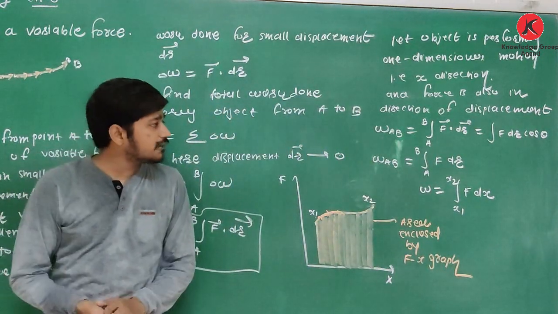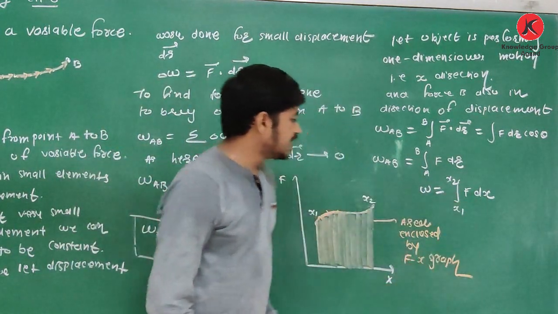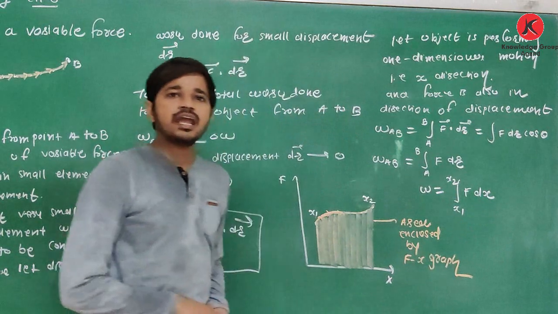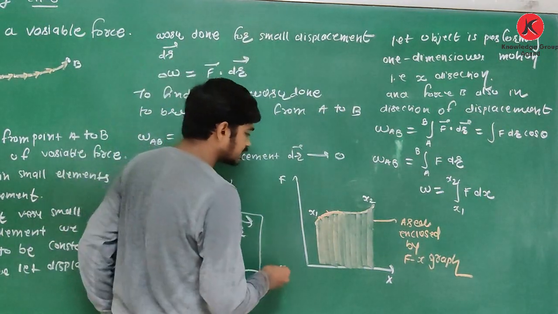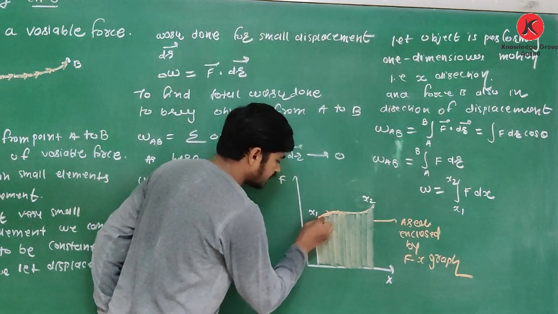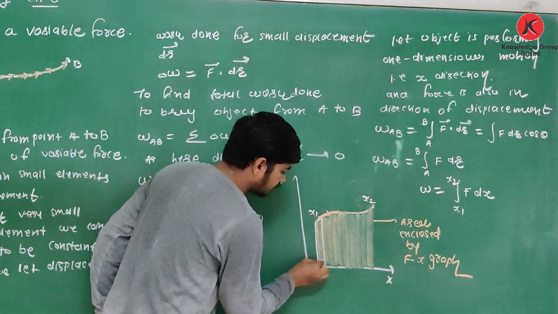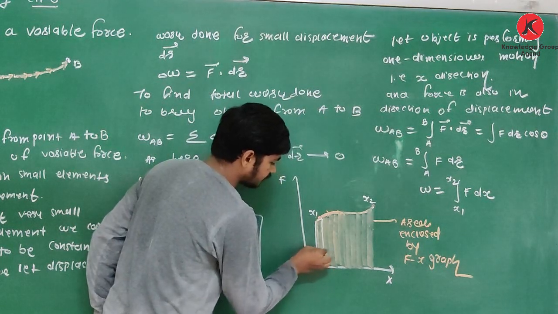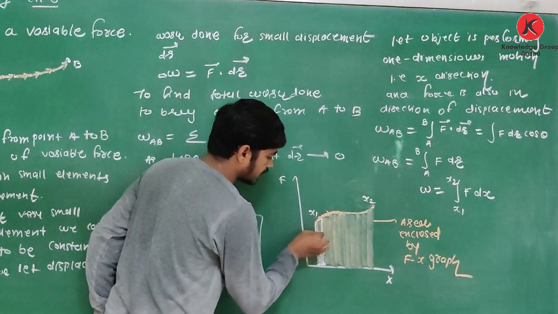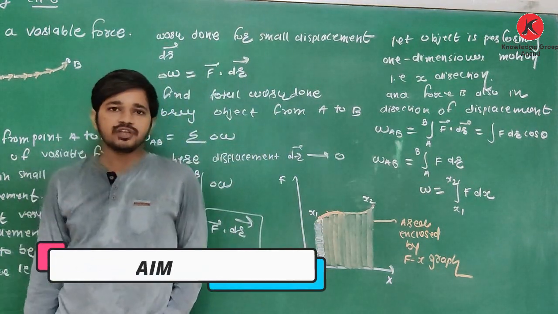And see the definition here: W is equal to F dx. So yes, it is the value of F and it is the value of dx. So this F dx is the area of this rectangle. Yes or no? Yes, it is. This F dx is the area of this rectangle.